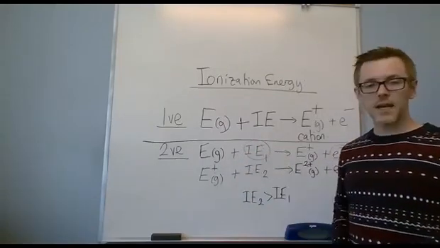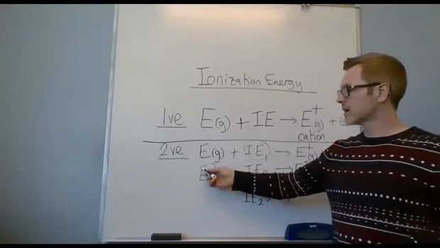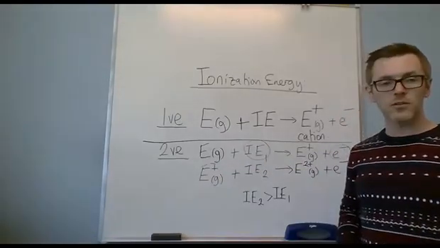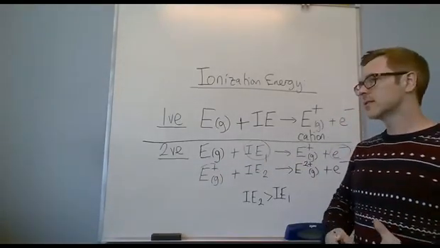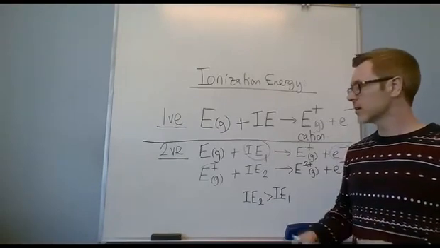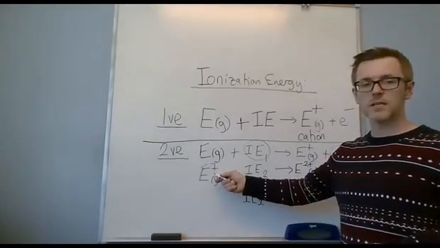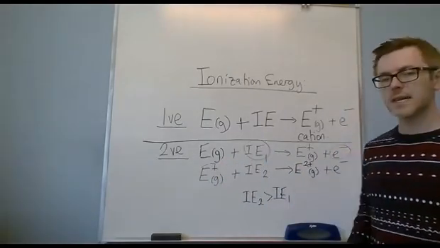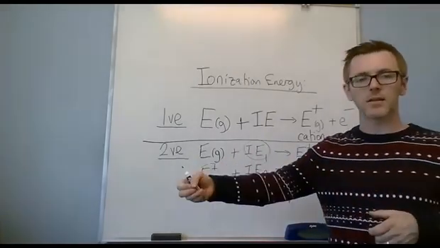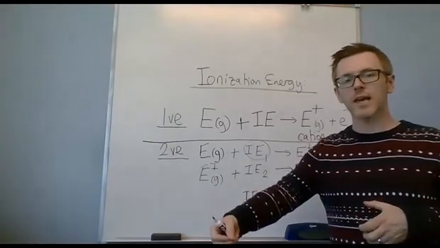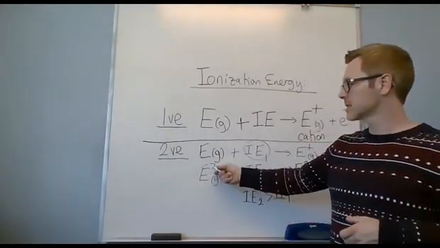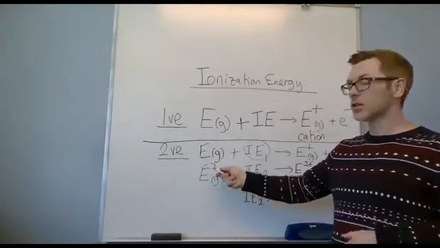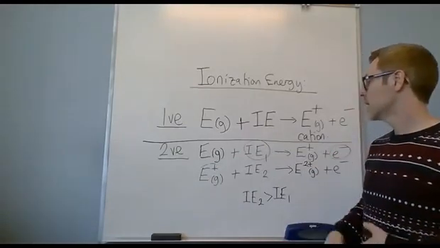Come to take the second electron, you're trying to take it from something that's already charged. You're trying to take a negative electron from a positively charged species. A positively charged species is going to attract its negative electron as you're taking it. So as you try and take it, it's going to be caught with an electrostatic interaction that you're trying to fight against.